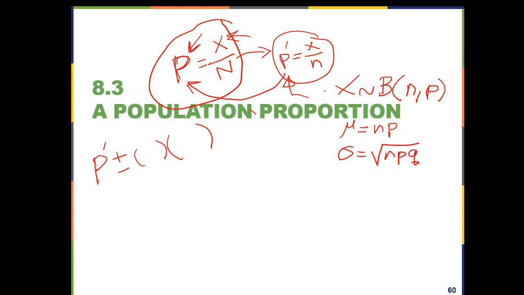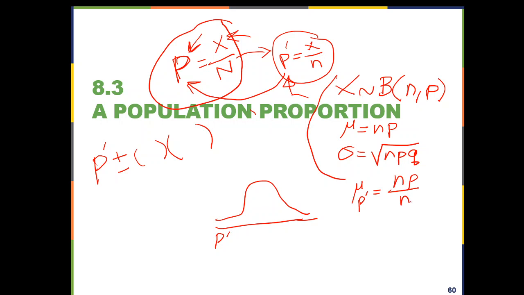Now p prime is x divided by n, so the distribution of p primes will have a mean of the mean of x divided by n, which is just p.